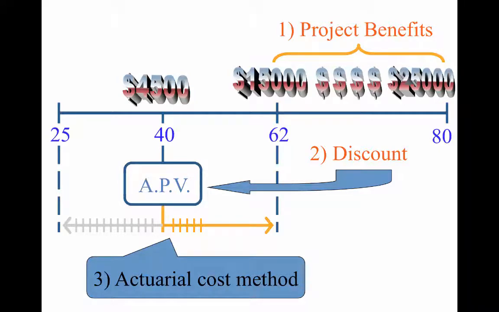And it is this portion of the actuarial present value that is allocated to past periods of service. So if you look at this section over here, the portion of the APV that was allocated to these past years, that's the amount that serves as the basis for reporting the obligation for OPEB or for pensions. It's the basis for what is reported as the pension liability or the OPEB liability.